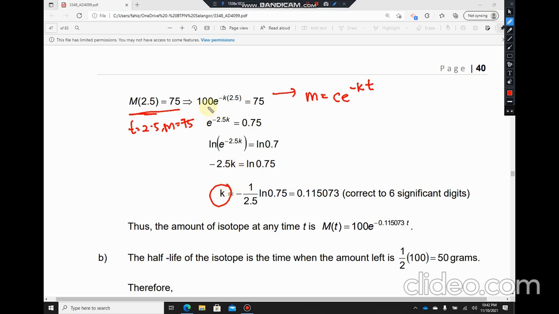Okay, so M is 75, C 100, E negative, K T 2.5.